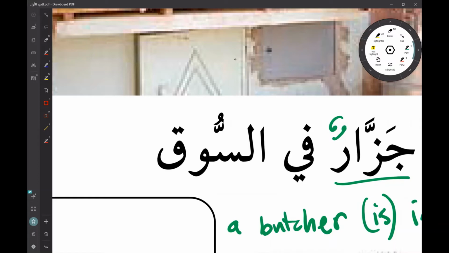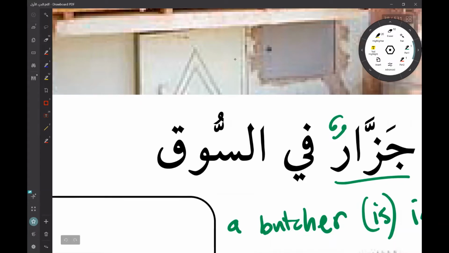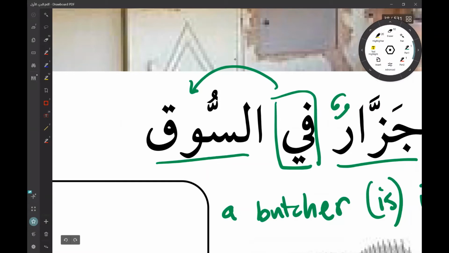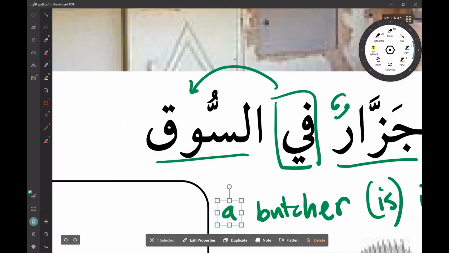But something that we have to talk about in this lesson is that when a preposition comes in a sentence, there is an effect, or it impacts the word that comes next to it, right? So what is the impact? So we have fi, and the word next to it is as-suq. So from our previous explanation, what did we understand?